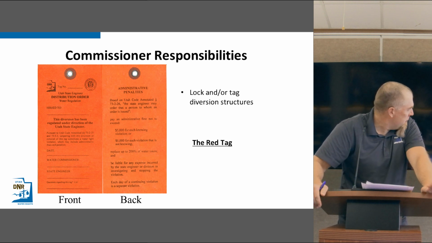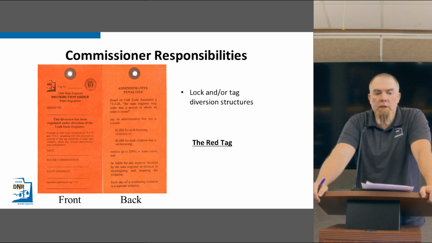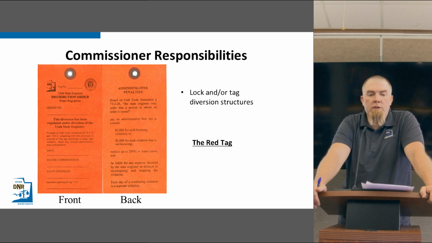It's probably hard to see, but it talks about those fines that could be issued that John talked to you about. Possibilities of $5,000 for a knowing violation or $1,000 for an unknowing violation. Again, don't remove these if you see them. We'll come back and remove them, and hopefully we'll take care of them.